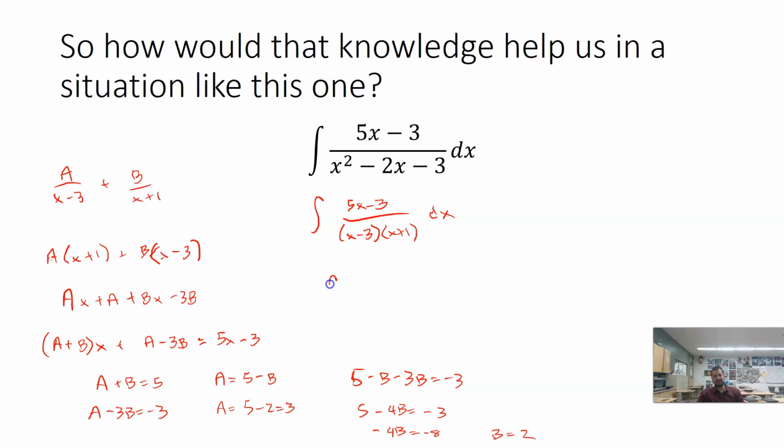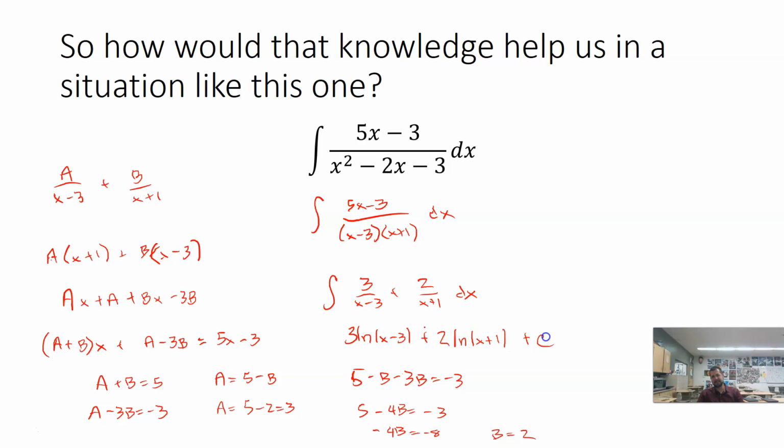What I know now is I can rewrite this as 3 over x minus 3 plus 2 over x plus 1. Now this is super easy to take the antiderivative of. The antiderivative of 3 over x minus 3 is just 3 times the ln of the absolute value of x minus 3, plus the antiderivative of 2 over x plus 1, which is 2 times the ln of the absolute value of x plus 1.